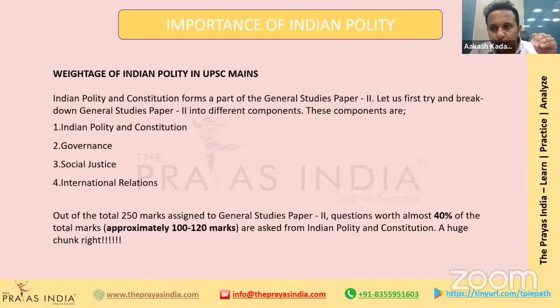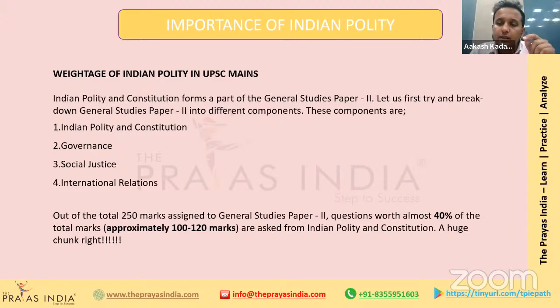Cumulatively, these four parts are asked for 250 marks. That is, the entire General Studies paper 2 is for 250 marks. Of this 250 marks, the major chunk is allotted to Indian polity and constitution.